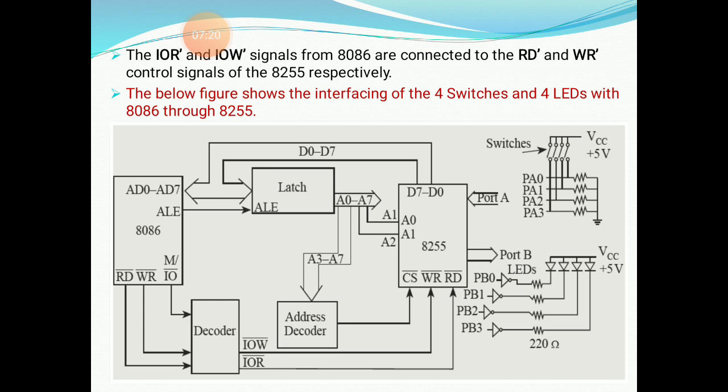Then the LED becomes forward biased and emits light. In case a port B line carries logic 0, the inverter of that particular LED complements that 0 to 1, the LED becomes reverse biased and does not emit light. So according to the switch pattern from port B, the LEDs will be on and off.